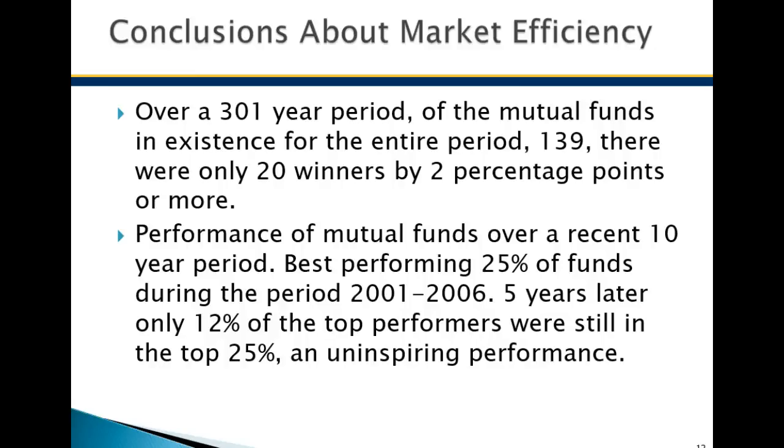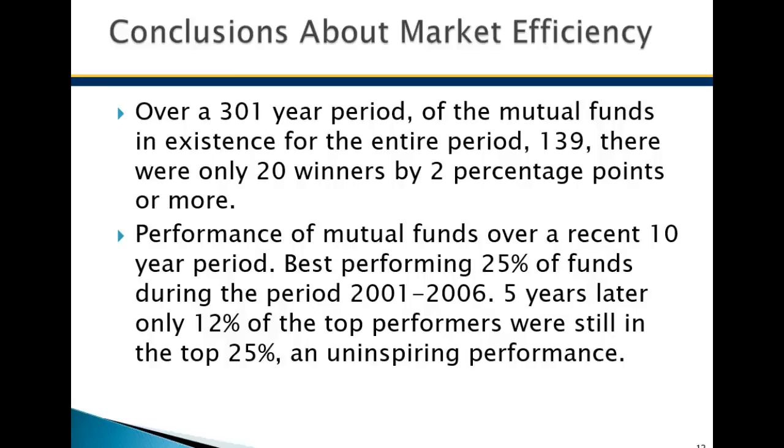Only 20 were winners by 2 percentage points or more, meaning they beat the averages by 2 percentage points or more. Only 20 out of 139 were able to do that over a 300-year period. I find it hard to believe. I question the 300-year period. I don't think mutual funds have been around quite that long, but I don't know what they're basing it on.